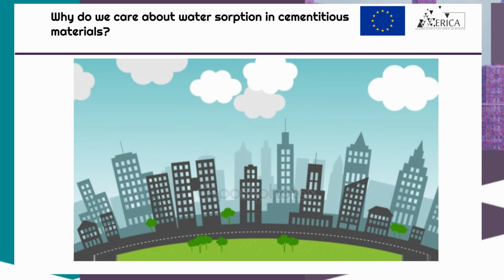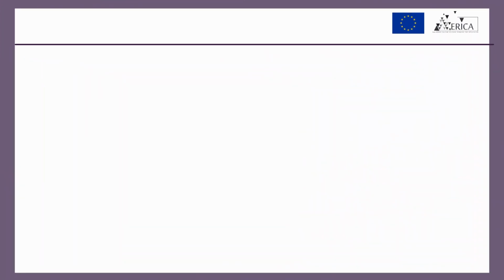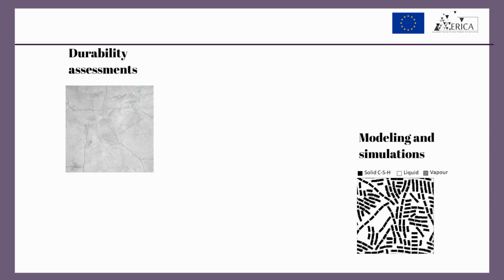Additionally, due to this moisture transfer, it can also induce deteriorating mechanisms such as cracks, carbonation, alkali-silica reaction, chloride ingress, among others. So, for durability assessments, it is useful to study the moisture change response of cementitious materials. It can serve as a crucial input for modeling and simulations.